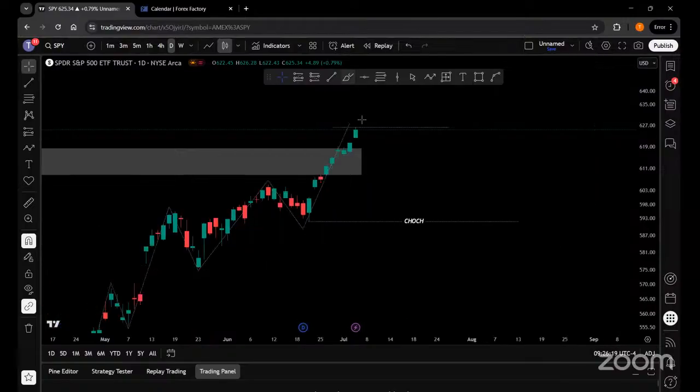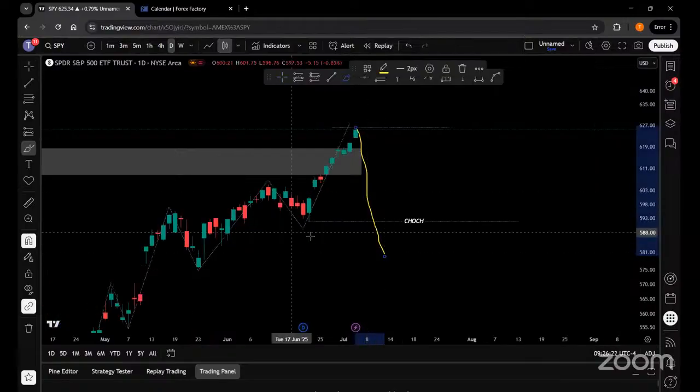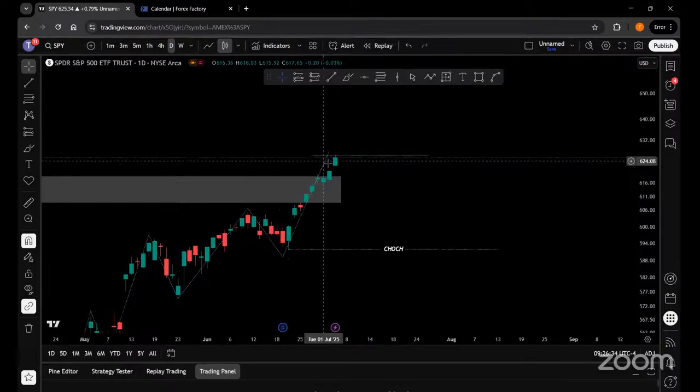The price has to cross all of this liquidity and then tell us, by going below 591, that it really wants to go towards the downside. Moreover, the price is extending its buy leg over here.